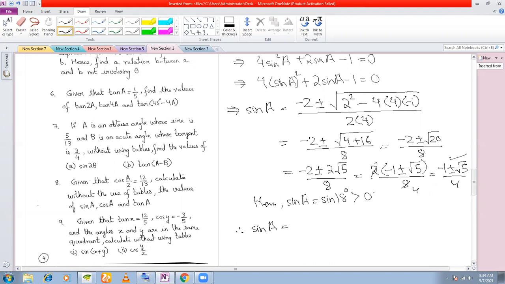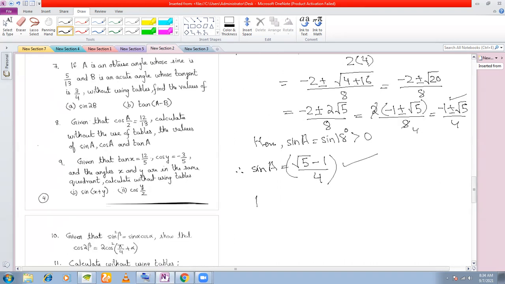I should choose the positive sign: root 5 minus 1 by 4. That is the value of sine. Okay, clear? You have to remember this value. Hence, sine 18 degree is equal to root 5 minus 1 by 4. Any questions here?